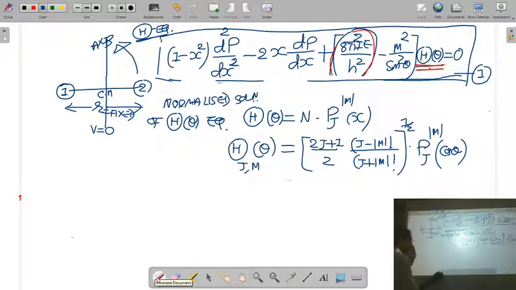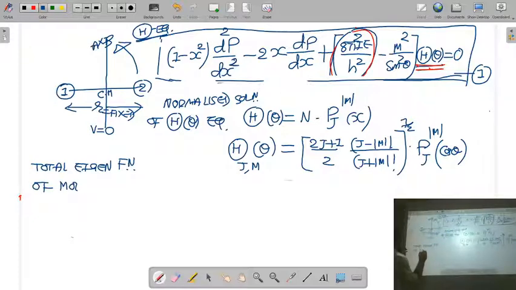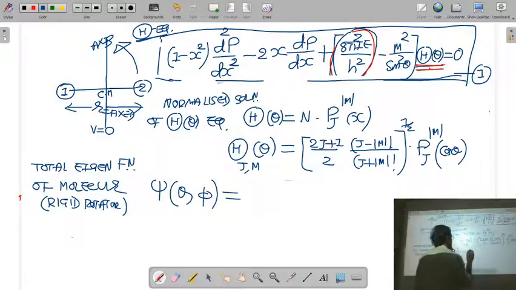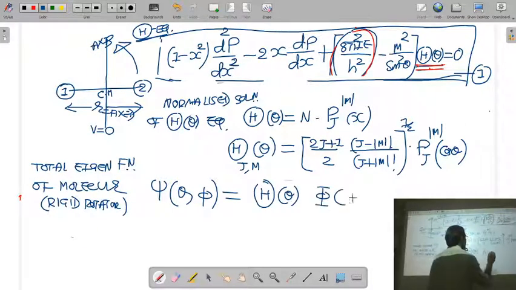So the total eigenfunction of the rigid rotator, you can say the wave function of the molecule, psi, is made up of two parts, theta part and phi part.